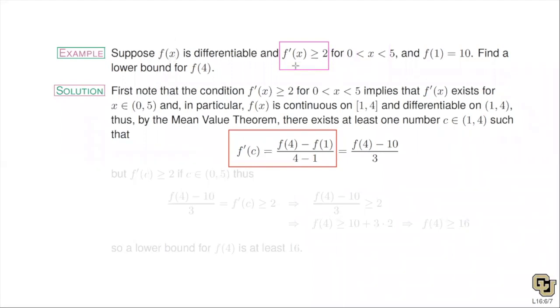So we can connect these two ideas now. f of 4 minus 10 over 3 is equal to f prime of c. But since c is between 0 and 5, we know f prime of c will be greater than or equal to 2. So in this case, we can eliminate the middleman right here. We can conclude that f of 4 minus 10 divided by 3 is greater than or equal to 2, because it's equal to something that's greater than or equal to 2.